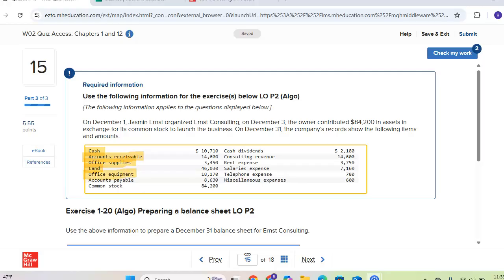Those are all the assets that we see, because those are assets to the company. So we take those items, match them up to numbers, and put them into the asset side of the balance sheet below.